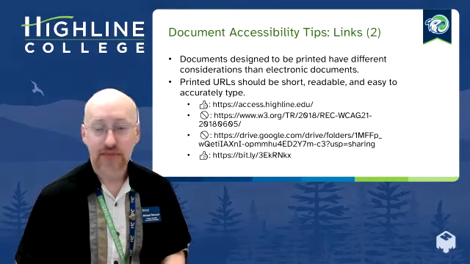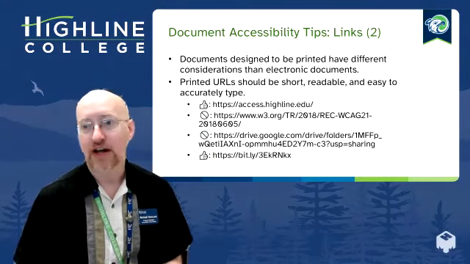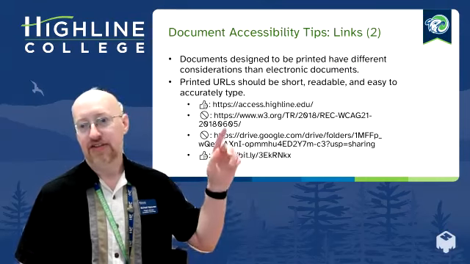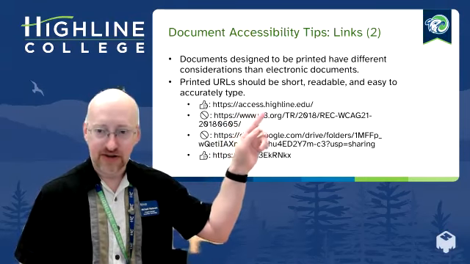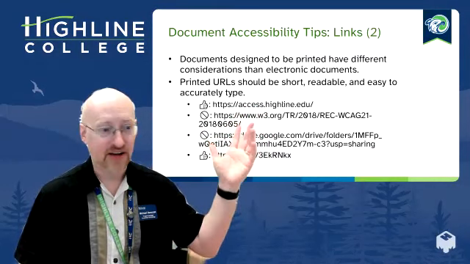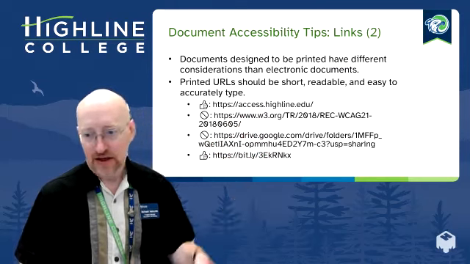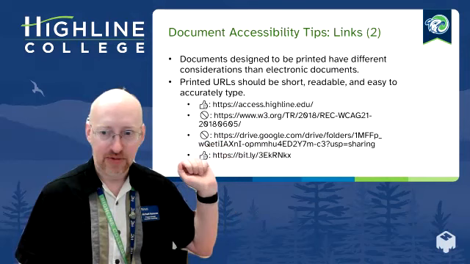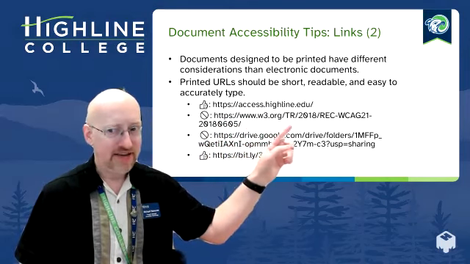In that case, if you do have a printed document, you want to make sure that URLs are short, readable, and easy to accurately type. In this case, like the accessible technology or the Access Services website here at Highline is fairly easy, access.highline.edu. Those same WCAG guidelines that I was using as an example in the last slide, that's not quite so easy.